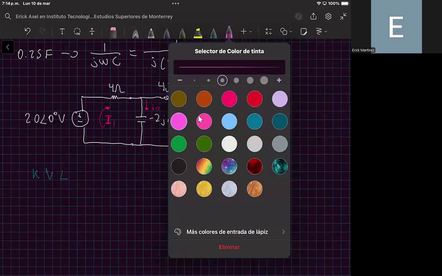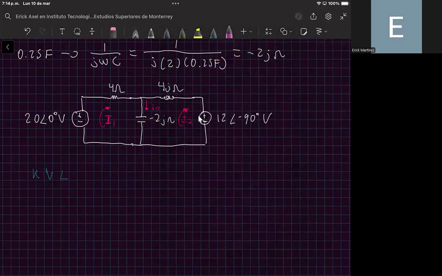So we want to apply this law in each loop of the circuit, or in each mesh of the circuit. So for example, if I apply the Kirchhoff voltage law to mesh 1, remember that the Kirchhoff voltage law states that the addition of all the voltages in a loop should be equal to 0.